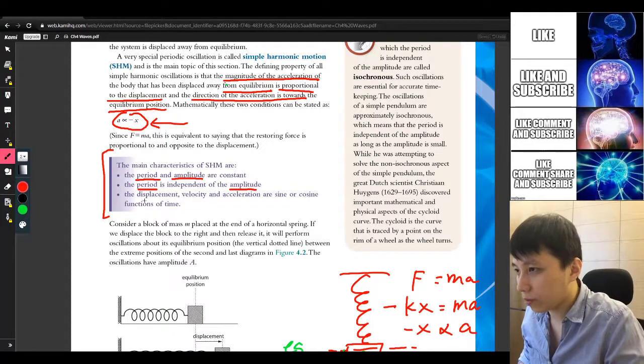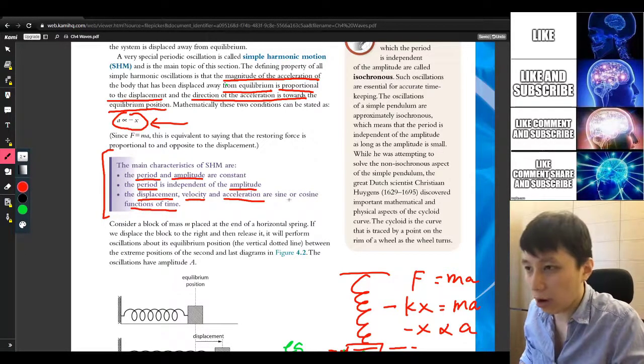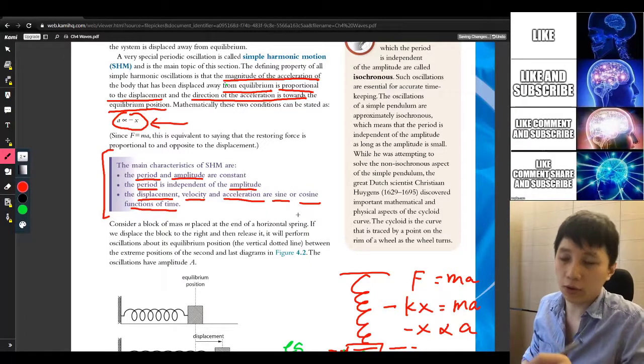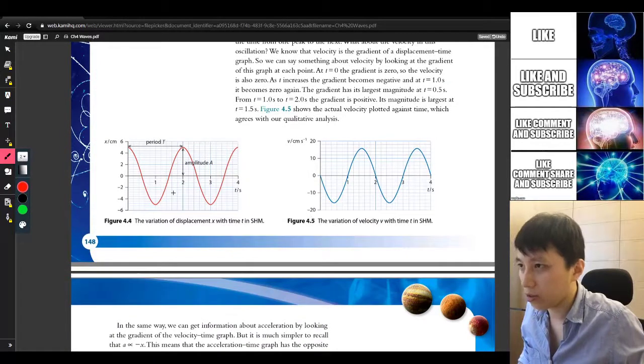And lastly, the displacement, velocity, and acceleration time graphs are always sine or cosine. If you want to see how it looks, it's actually right here. So if x looks like this, then v would look like this.